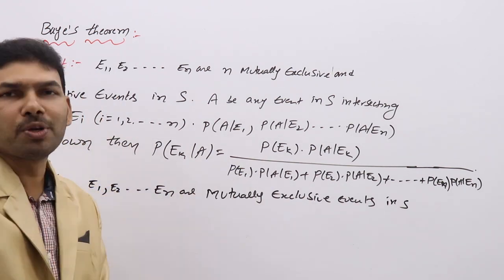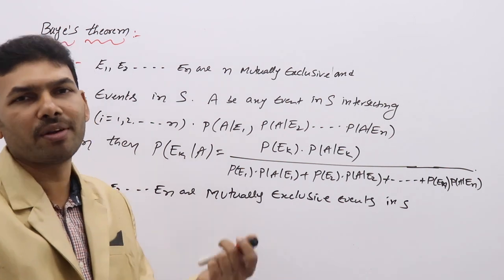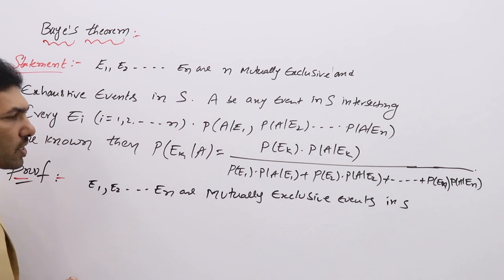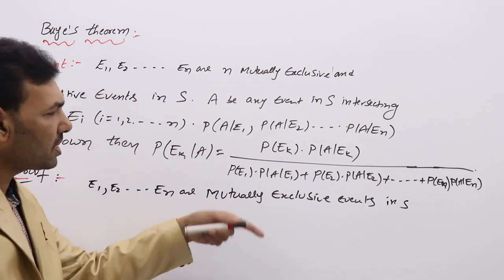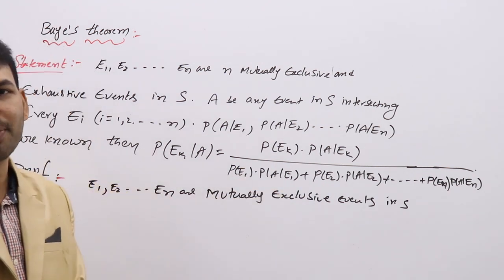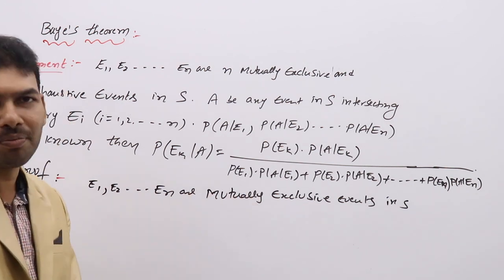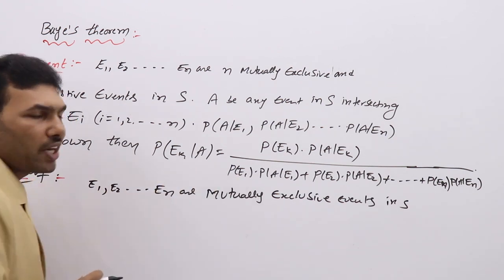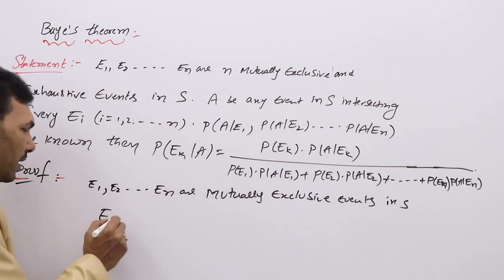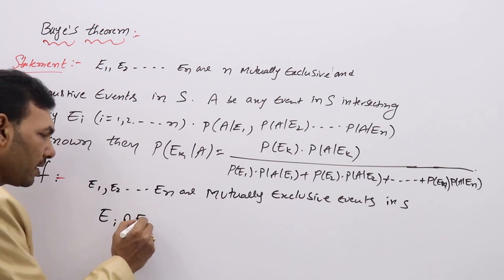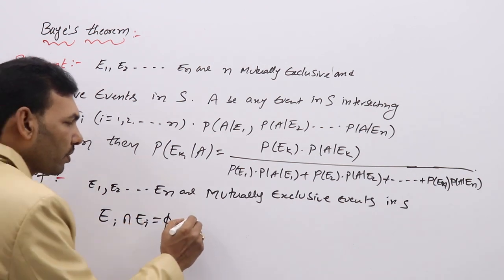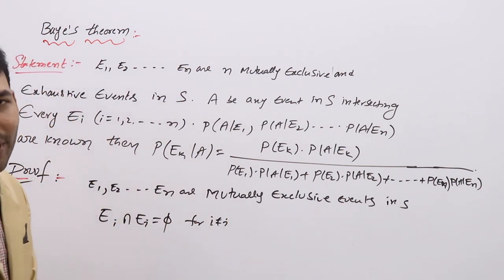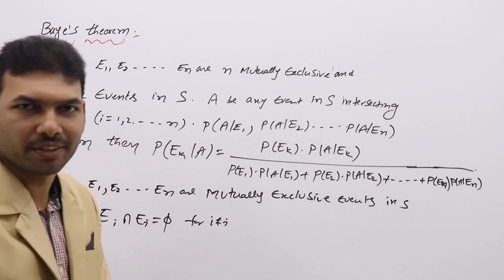If A, B, C are mutually exclusive events, then the intersection of any two is empty. E1, E2, En are mutually exclusive events means Ei intersection Ej equal to phi for i not equal to j. So intersection of any two events you will find an empty set.